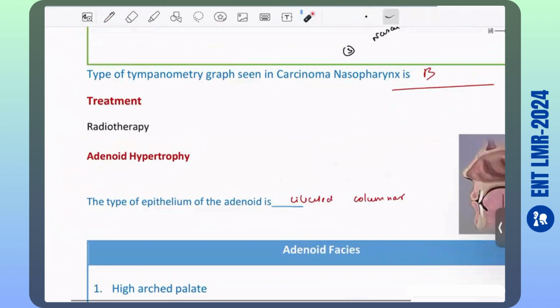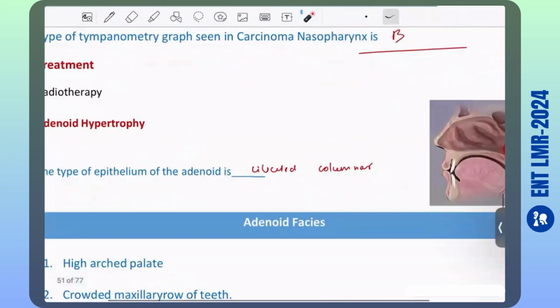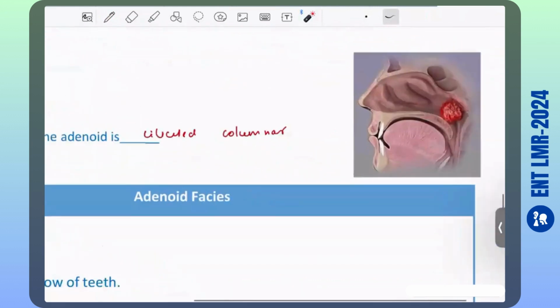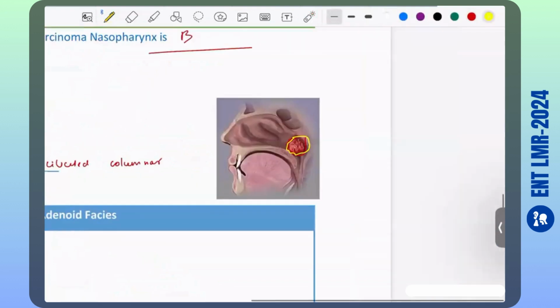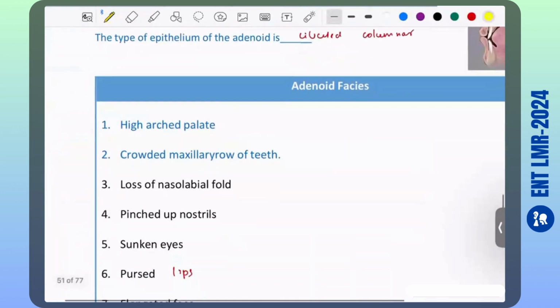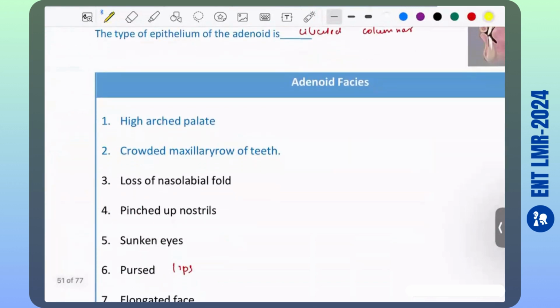Adenoid tissue is otherwise called the nasopharyngeal tonsil. This is the adenoid tissue. The adenoid is enlarged like this. It will cause nasal obstruction and adenoid facies. The patient, instead of breathing through the nose, breathes through the mouth. The chronic mouth breathing and snoring will cause facies such as adenoid facies.